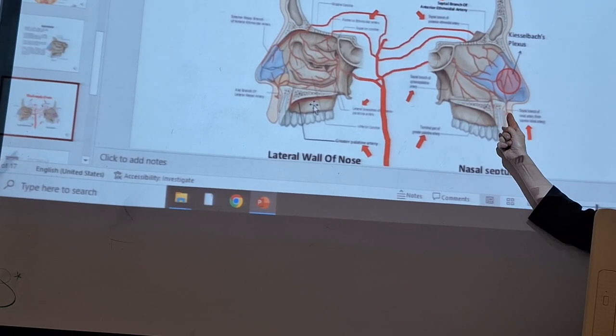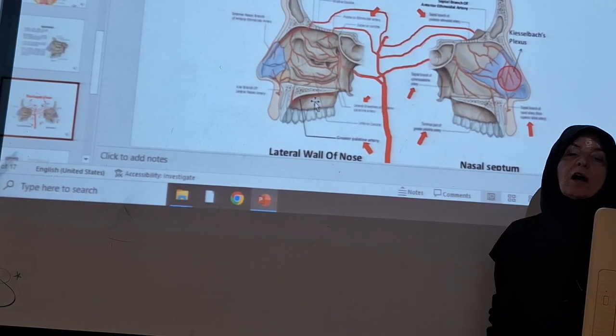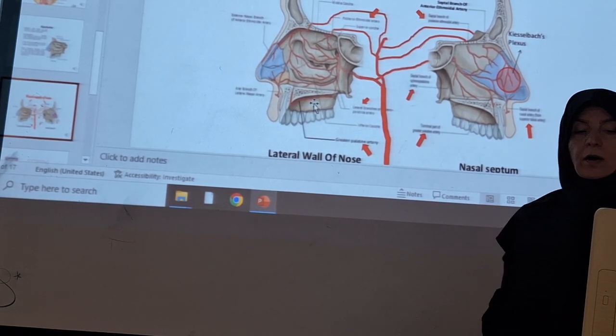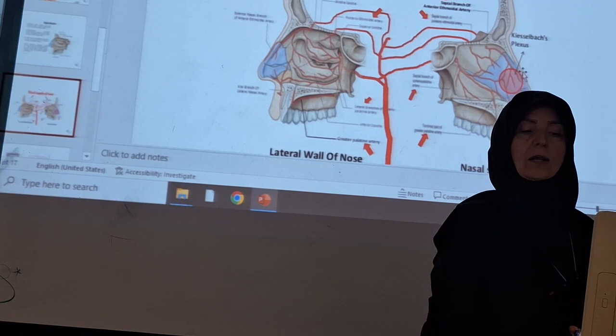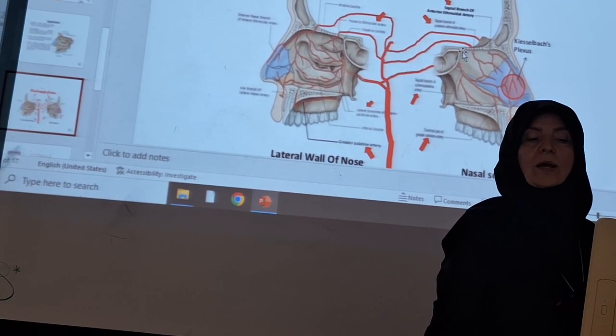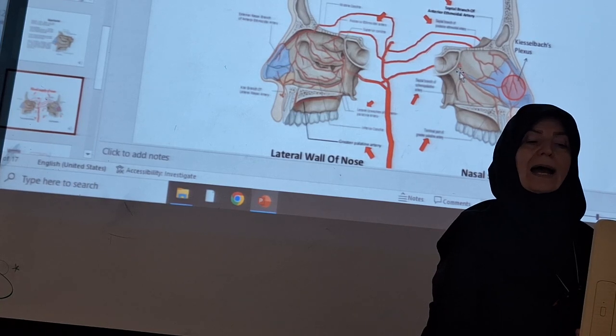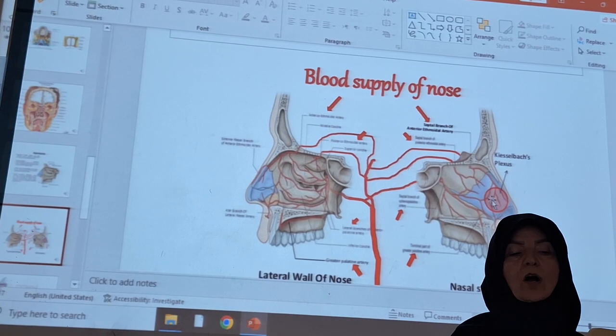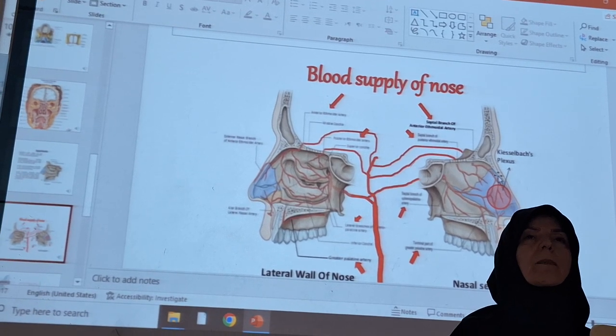And here you can find the superior alveolar artery. So the superior alveolar artery that belongs to the facial, the greater palatine, the anterior and posterior ethmoidal, and some of the branches of the sphenopalatine make this Kiesselbach plexus.